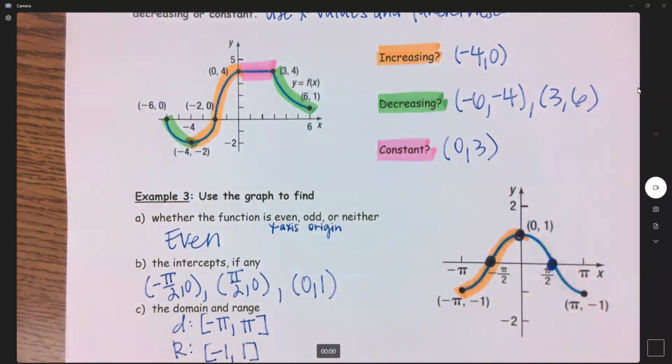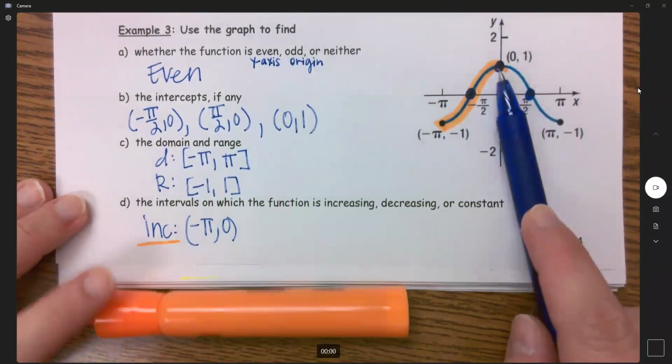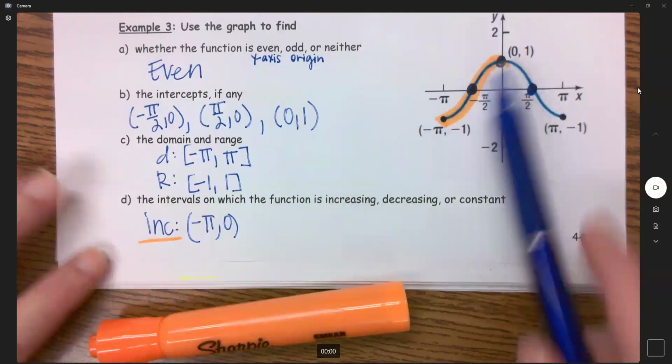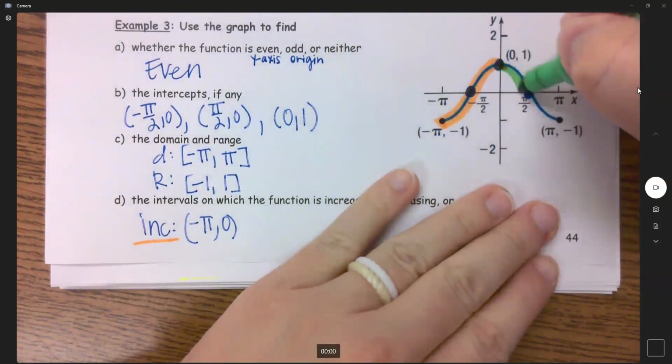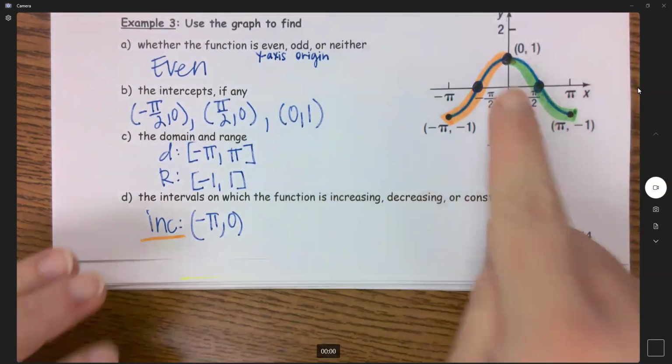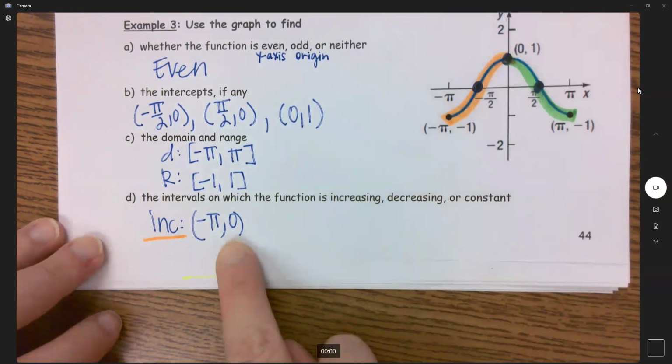So where it changes directions, I'm not saying it's increasing or decreasing. Same thing here. It's changing directions from increasing to decreasing. So I cannot put it in one of those categories. And so I'm going to use parentheses.